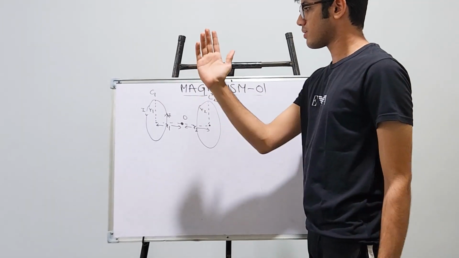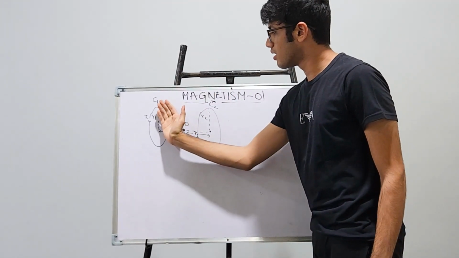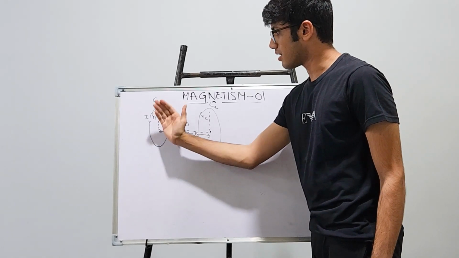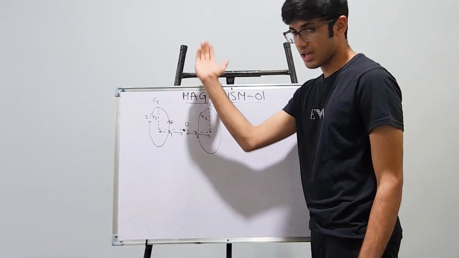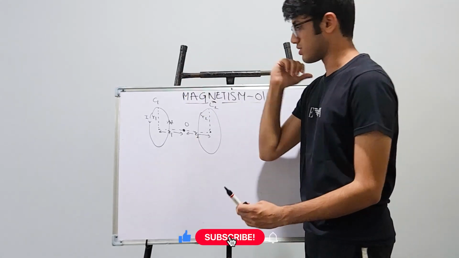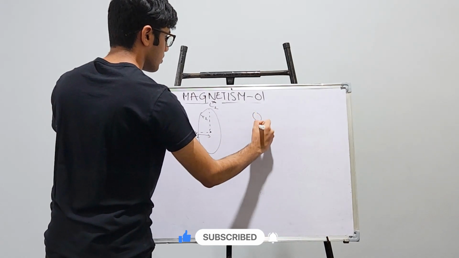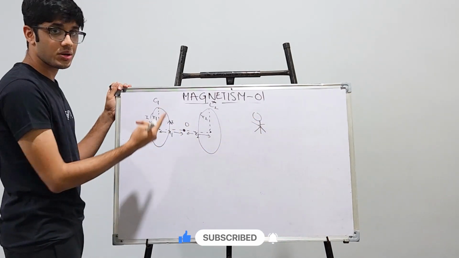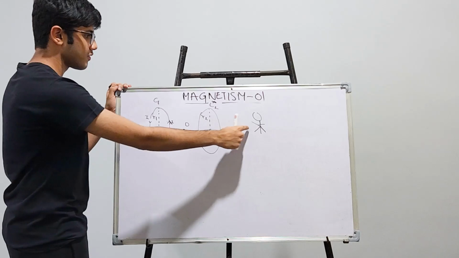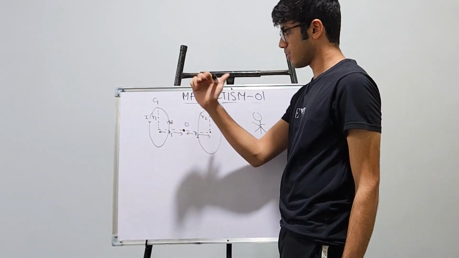So if we curl our fingers in the direction of the current, we would see that the magnetic field would in fact go in this direction. So the observer is viewing from here. The reference point is very important. If we are viewing from here, the magnetic field would be in this direction.